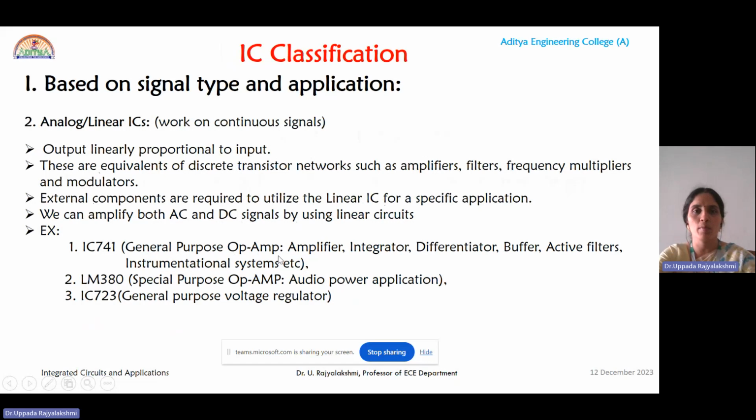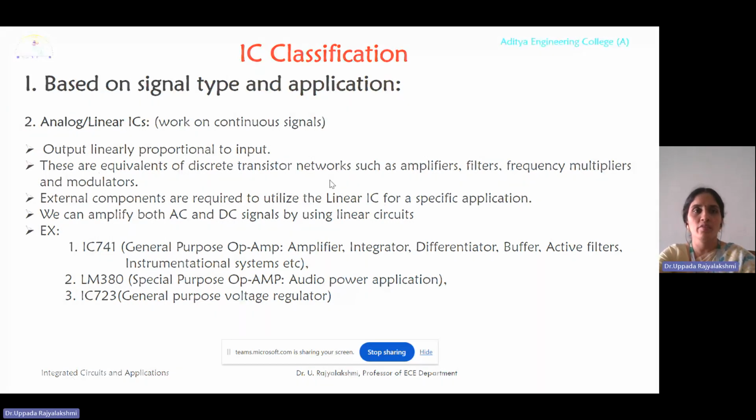It is a general purpose op-amp, but the external circuitry for this IC 741 will differ from application to application. The special purpose op-amp linear IC is LM380, which is suitable for audio power applications. And the third one is the general purpose voltage regulator, which is IC 723.